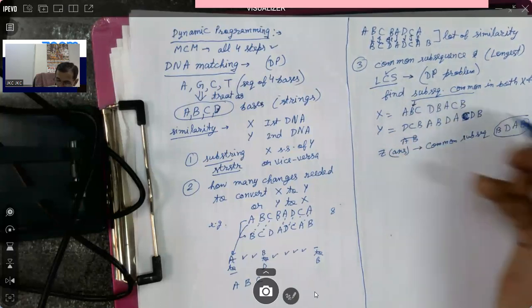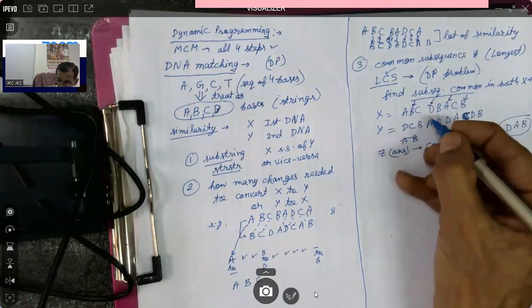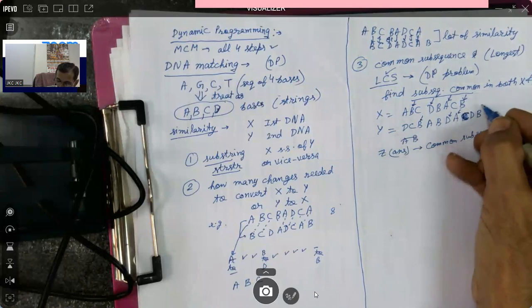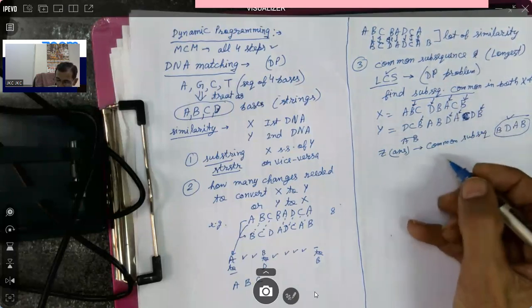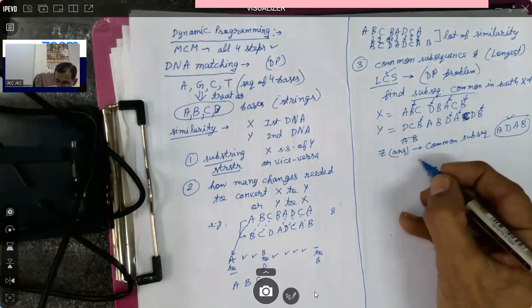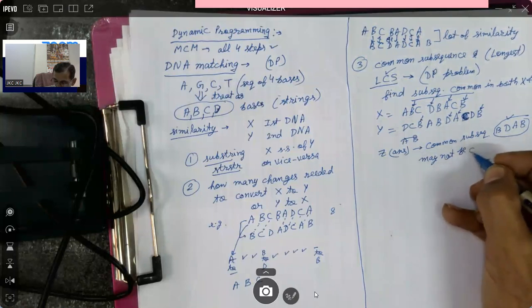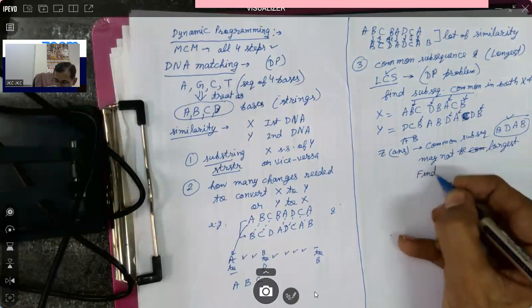B is here also, D is here, A is here, D here. Similarly, B, D, A, B. So this is common in both. Of course, it may not be longest, but it is common. We would like to know the common subsequence, though of course we want the longest one.